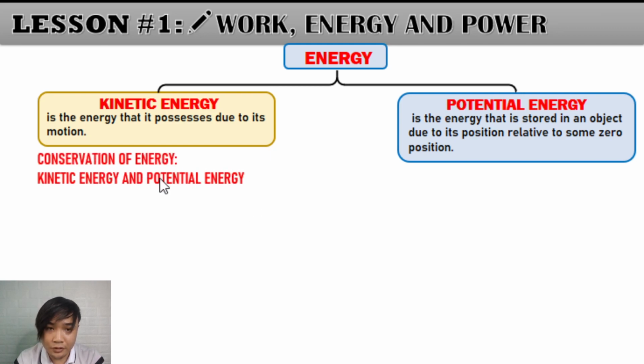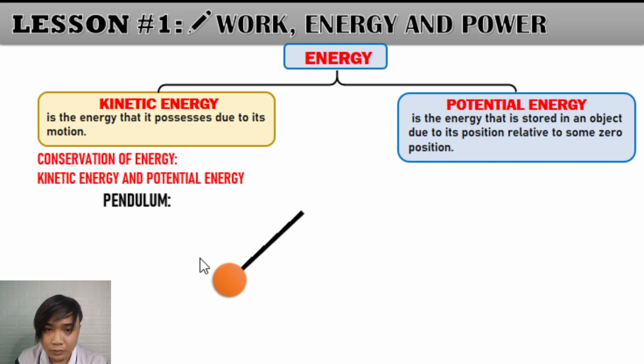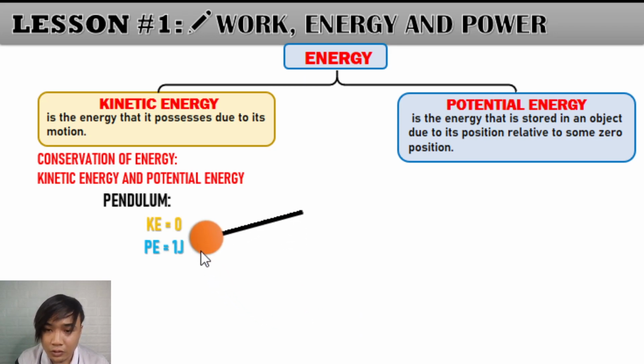So, law of conservation of energy, so kinetic energy and potential energy. So, ito yung example niya, pendulum. Pendulum dito. Then, let's say, hilahin natin siya dito hanggang this point. So, at this point, let's say, naka-hold tayo.